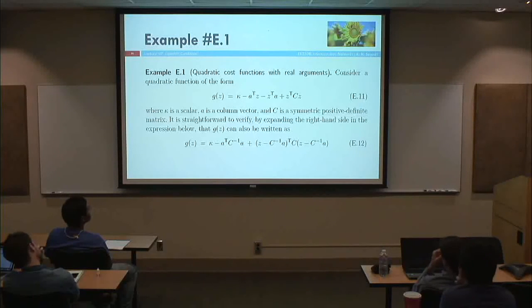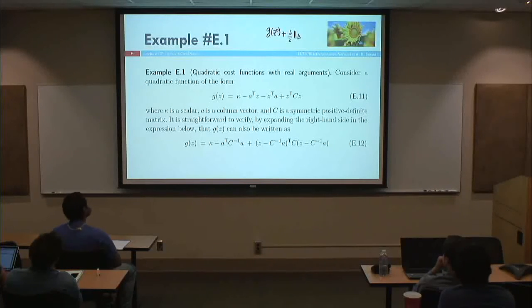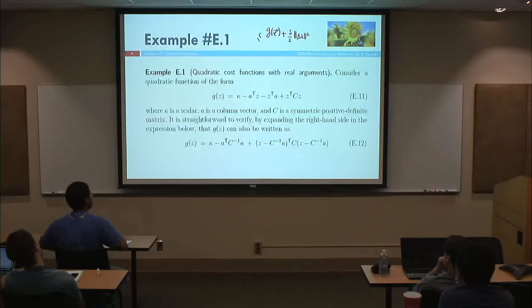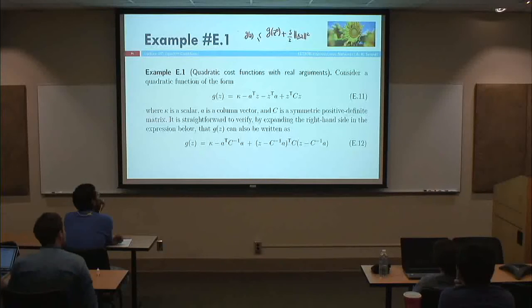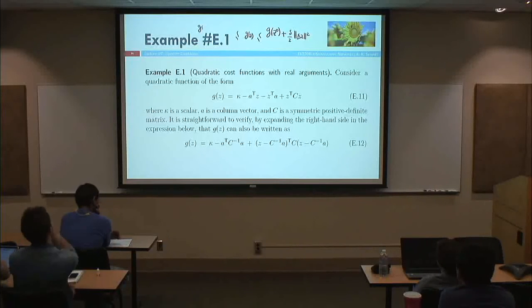So if you find the value of this function at its minimum, you can bound it between delta over 2 times the squared norm of delta z, and g at z0 minus nu over 2 times the squared norm of delta z, right?